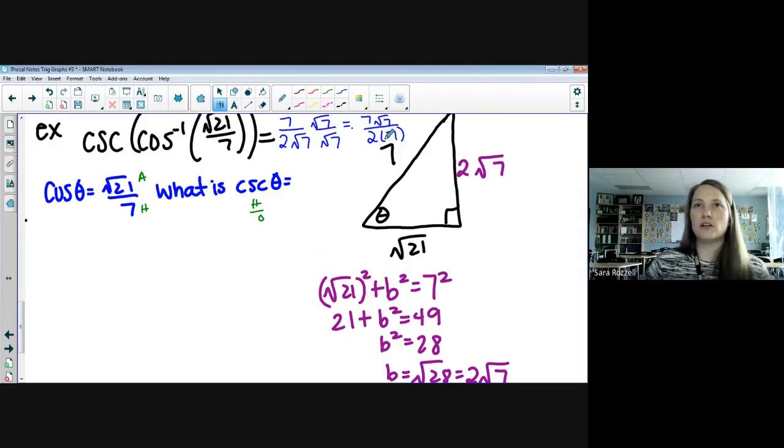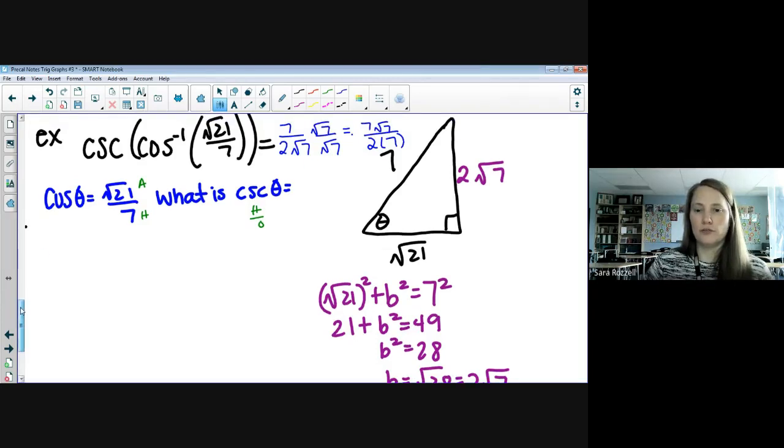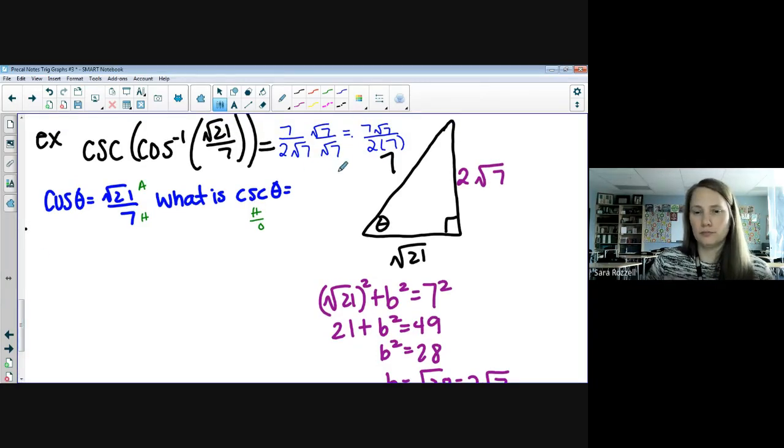And my 7s are going to cancel out. And I'll just have root 7 over 2 for the answer. That was just a lot of rationalizing and square roots and stuff in this problem. But the same idea.